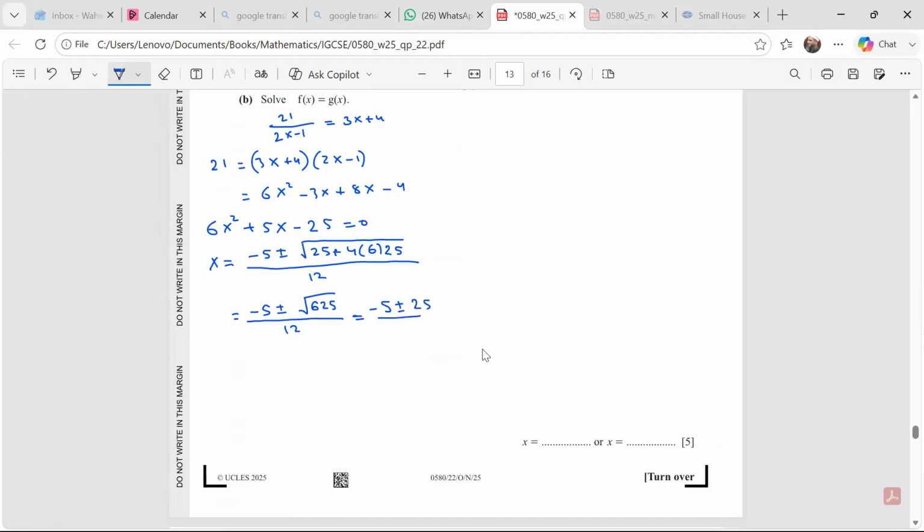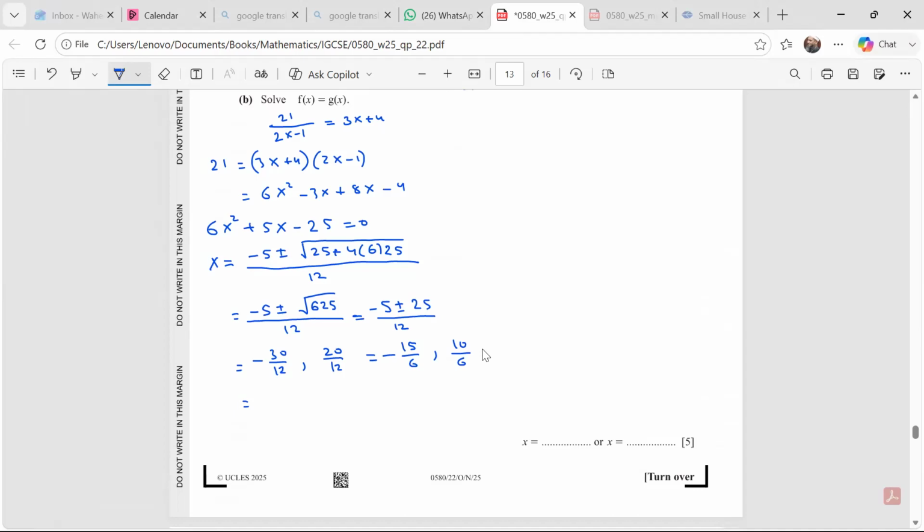25 over 12. When I add them together, minus 5 and minus 25 is minus 30 over 12. This is one answer. And when I add plus 25 and minus 5 over 12, this is another answer. Let's simplify them. So minus 15 over 6 and 10 over 6.